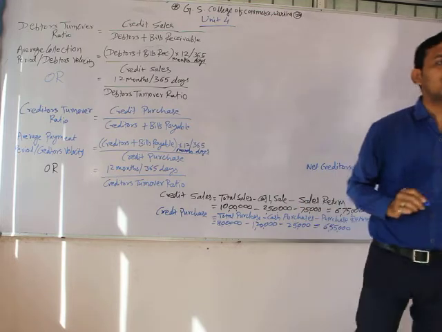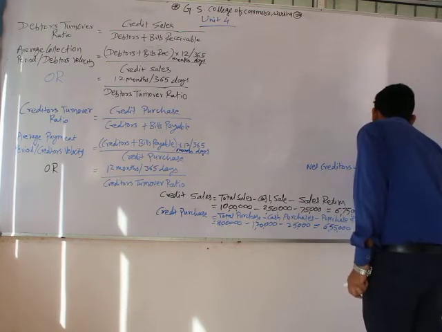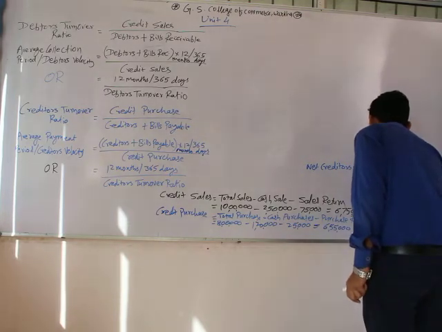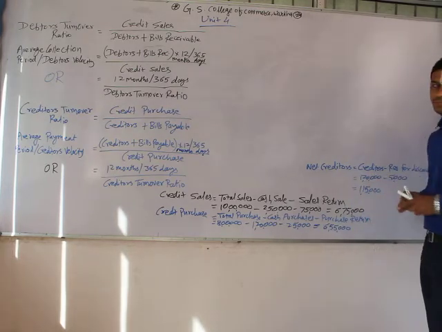Our total creditors amounted to rupees 1,20,000 minus discount reserve of 5,000. Hence, our net creditors amounted to rupees 1,15,000.